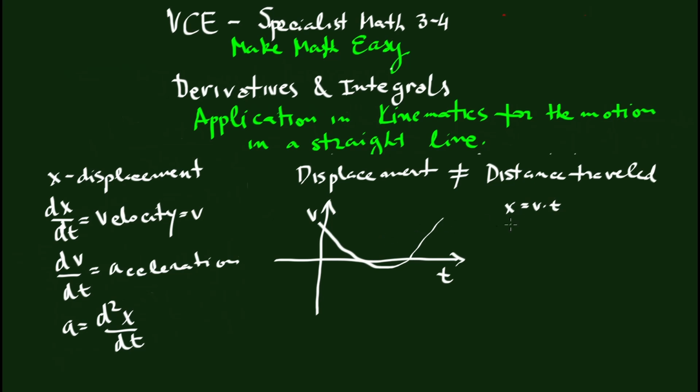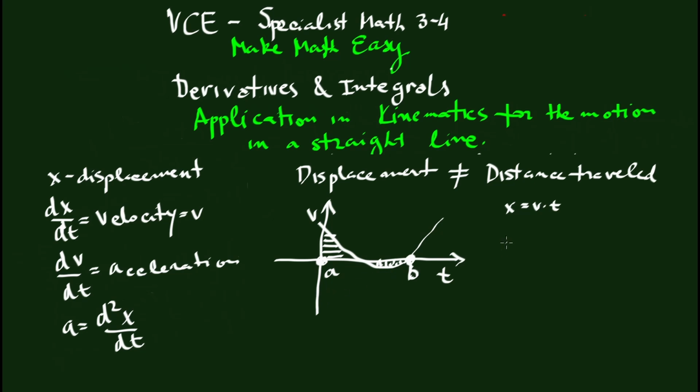So v times t is the displacement, so it's the area covered between, say, this point that we call A and this point that we call B.